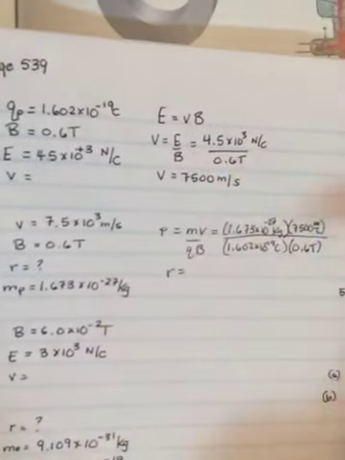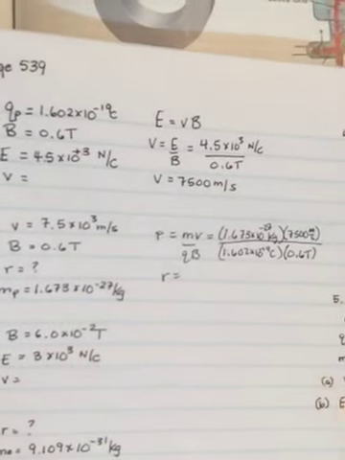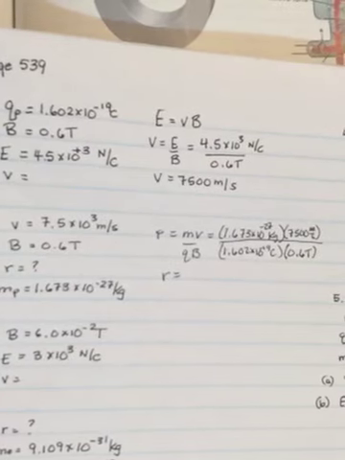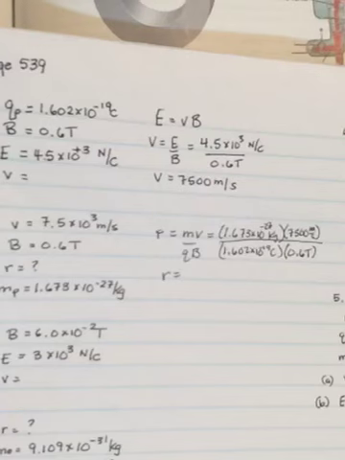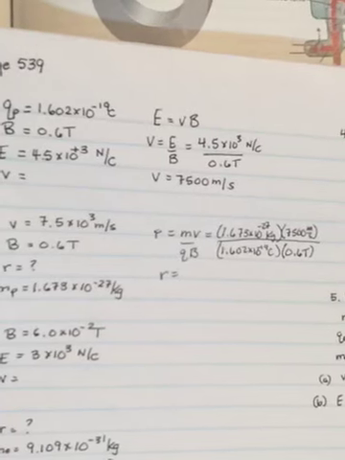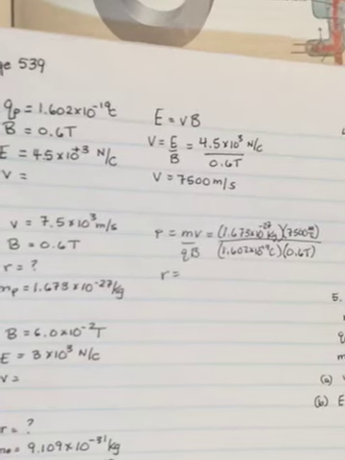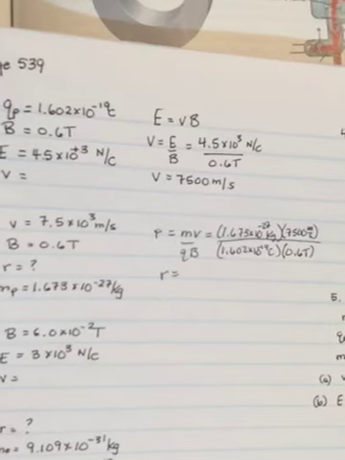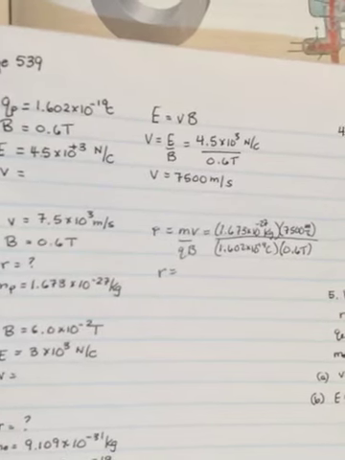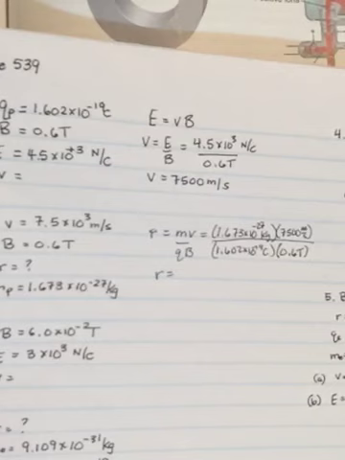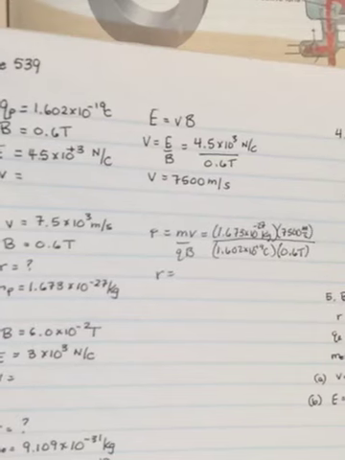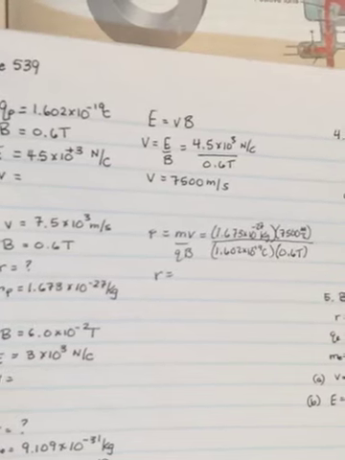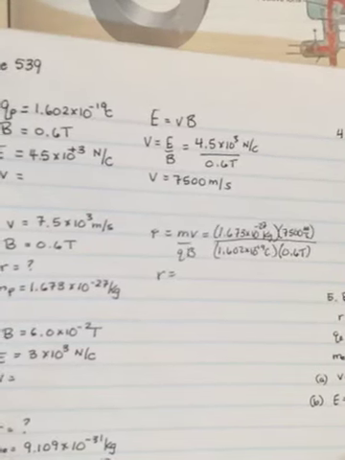Okay, so 7,500 times 1.673 to the negative 27, and then you're going to divide that by 1.602 to the negative 19, except I missed the 1, shoot. 1.602 to the negative 19, and then divide that by 0.6.